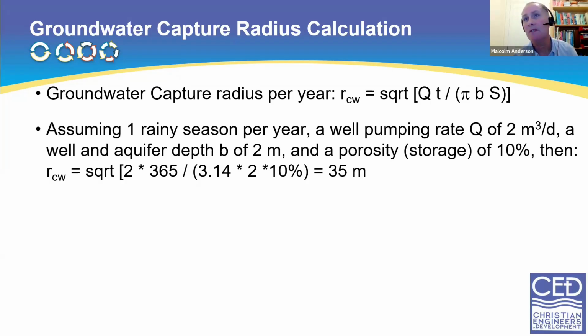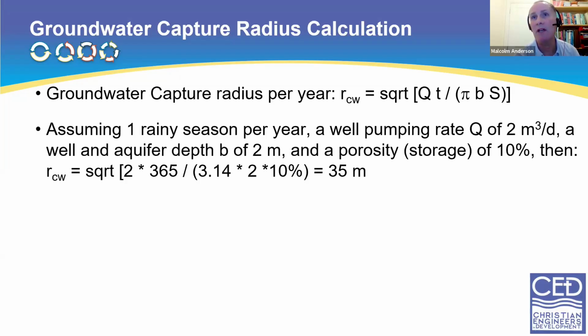Because it's silts and sands, we can assume a fairly conservative porosity of about 10%, which is the S value, storativity, and the thickness, the depth of the well, is 2 meters, which is a good indication of the aquifer depth that's being sampled from.